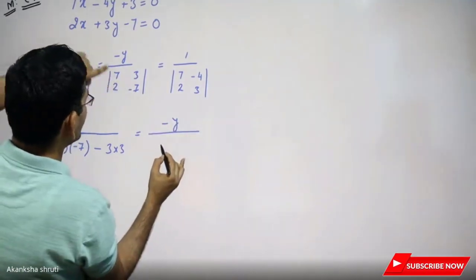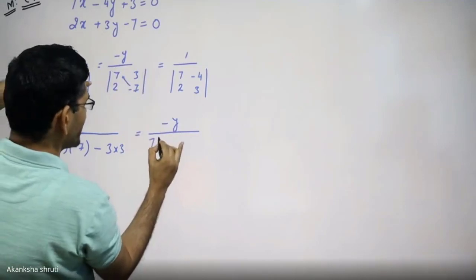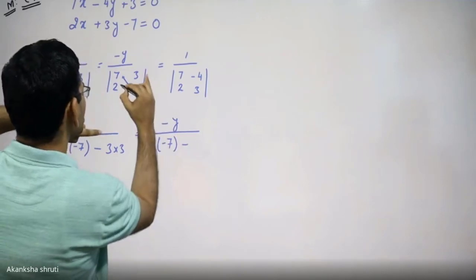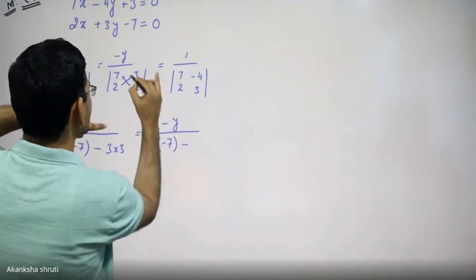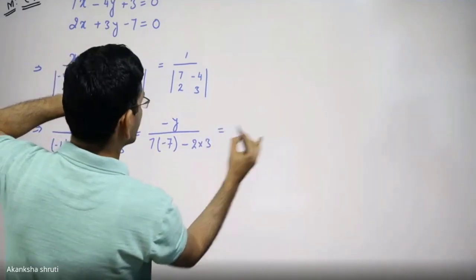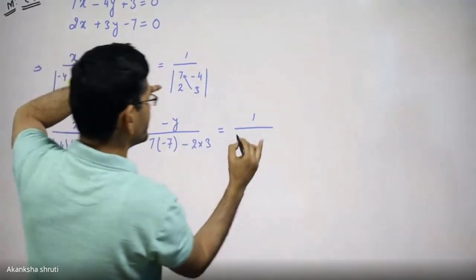Then again go for the multiplication or cross multiplication. This 7 will multiply with this minus 7, minus this 2 will multiply with this 3. So 2 into 3 is 6. Again this 3 will multiply with this 7.